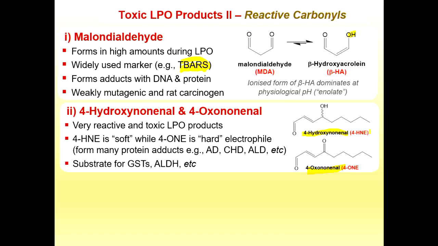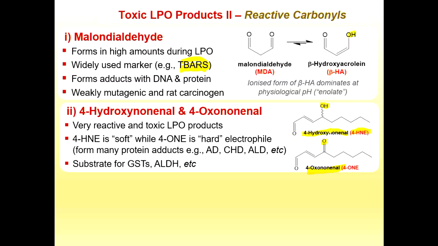If you remember my lectures last semester, we distinguished between hard electrophiles that attack DNA preferentially and soft electrophiles that attack protein. Even though these molecules are very similar, HNE just has a hydroxy group on the 4 carbon, whereas ONE has a carbonyl group. It changes their hardness and softness.